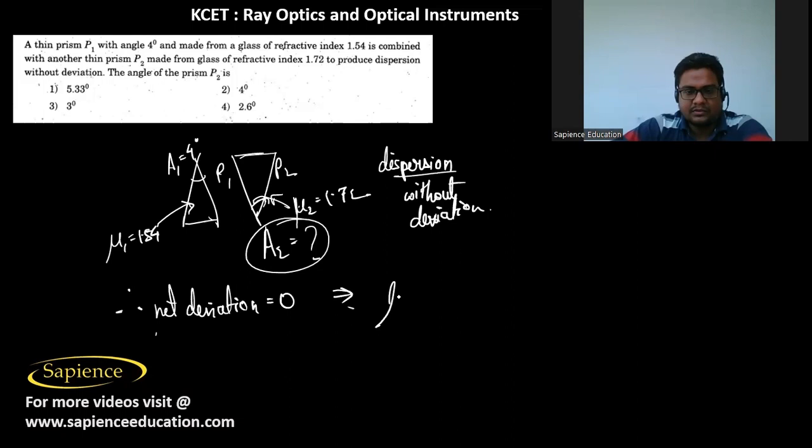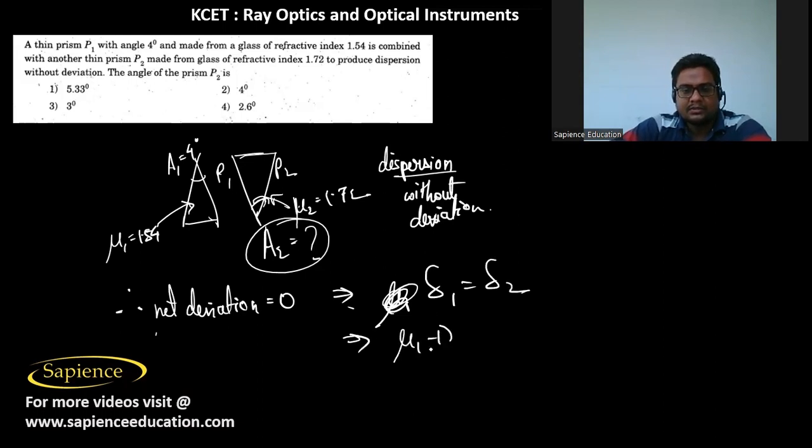So the deviation obtained from P1, delta 1, should be equal to the deviation obtained from P2, delta 2. Delta 1 will be mu1 minus 1 into A1, that should be equal to mu2 minus 1 into A2.